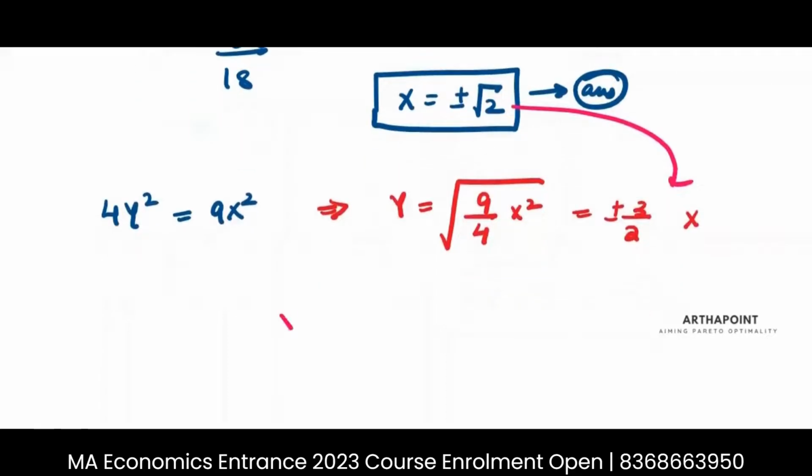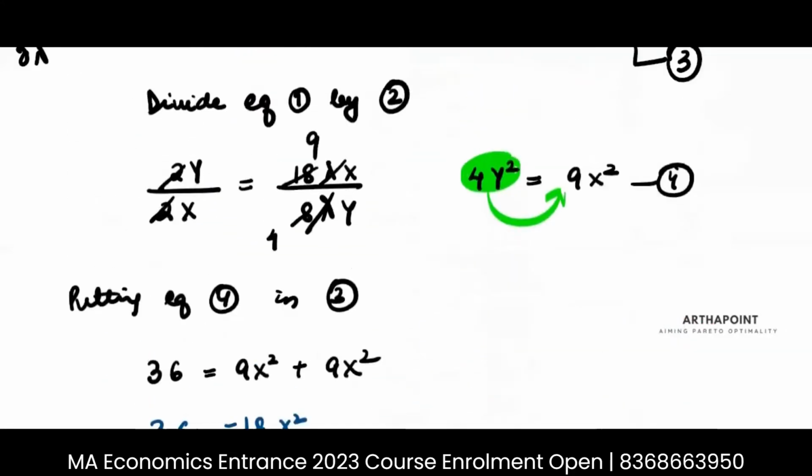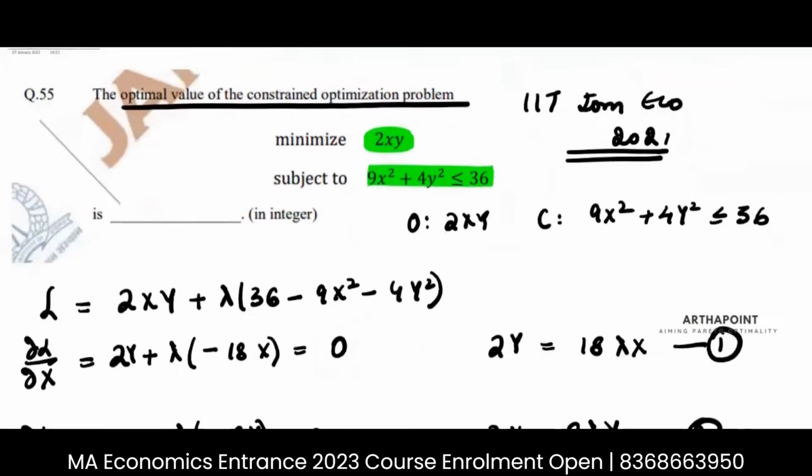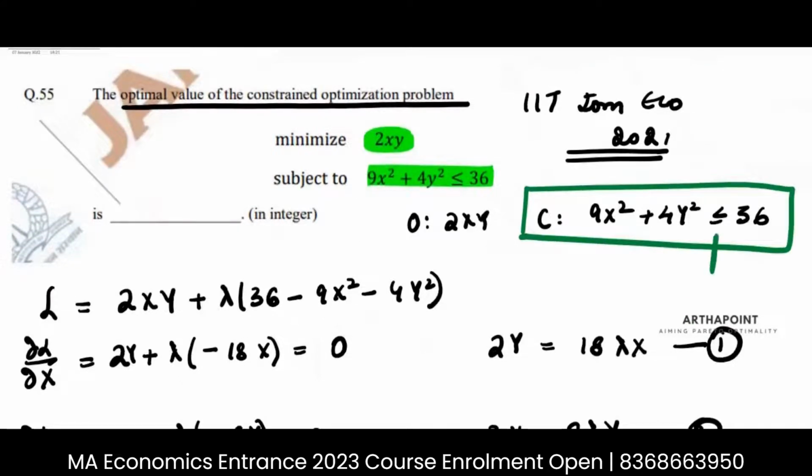So we get y is equal to plus minus 3 by 2 times root 2. So this can get cancelled and I will be left with y is equal to plus minus 3 by root 2.